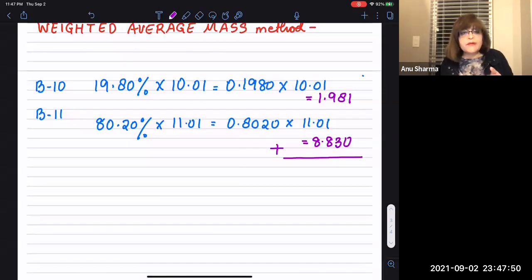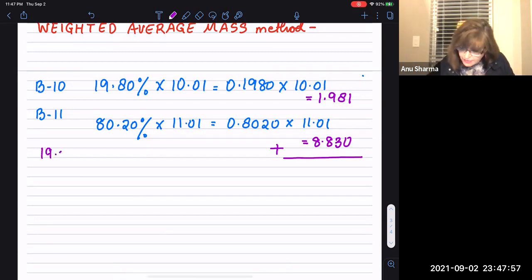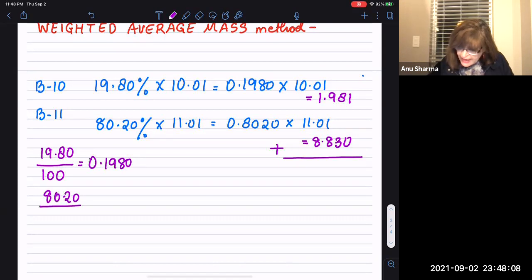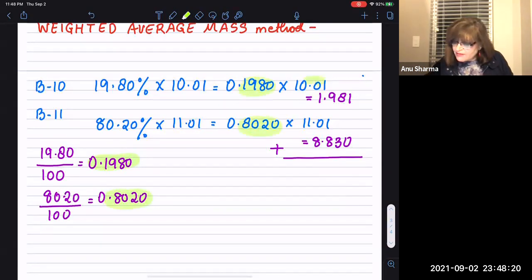Okay, so we take the abundance factor times the mass number, and you take 19.80 as we discussed, 19.80 divided by 100, and that gives you 0.1980. Okay, similarly 80.20, when you divide that by 100, gives you 0.8020, and that's the number you are basically multiplying by the given mass numbers of each of the isotopes.